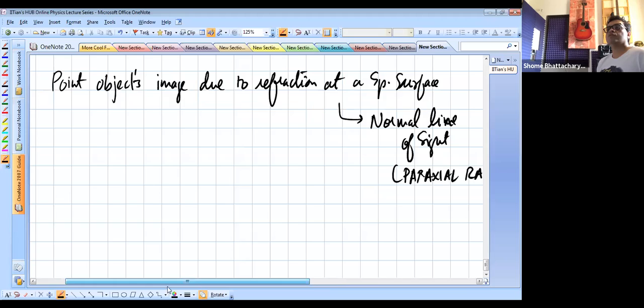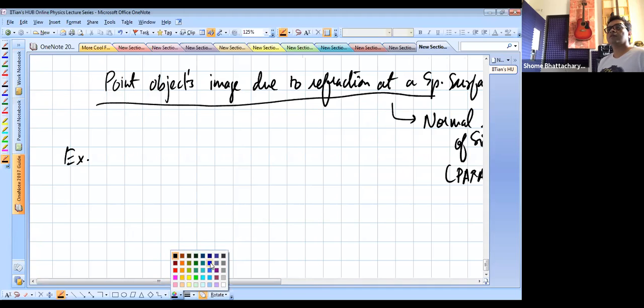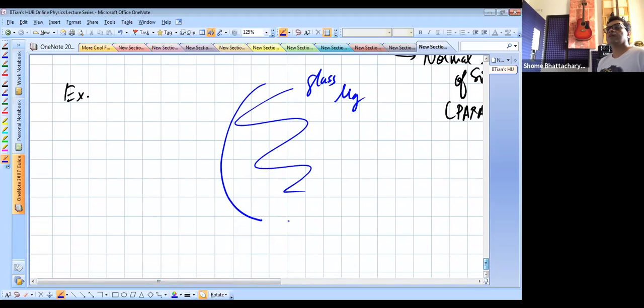Okay. So for example, we have this situation now. This is glass, so the refractive index is mu g. And this is a convex surface of glass.